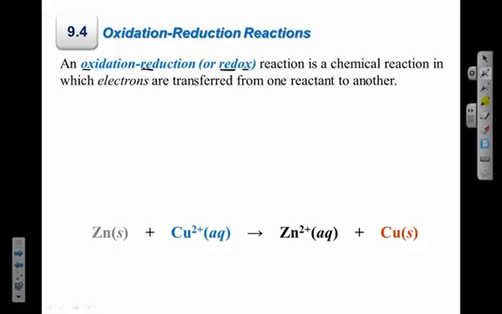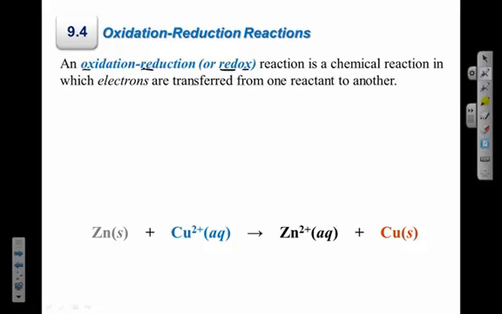So it's a very similar process. The collision allows for the exchange of something between two particles that are involved in the collision. It's just what is being exchanged. If it's an H plus, it's an acid-base reaction. If it's a pair of electrons or a single electron or some number of electrons, it's a redox reaction.